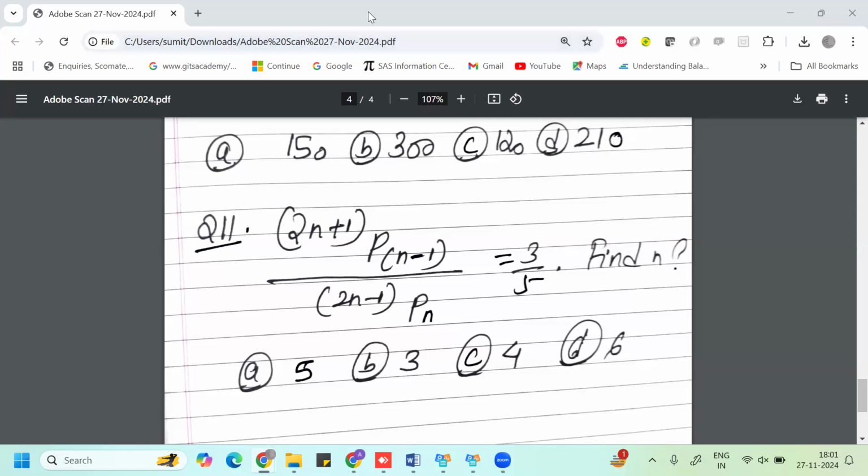Those who did not get the answer, try from your end. I'll discuss from this in the next class. So now I'll end this class, guys. Beyond question number 11, we'll discuss in the next class. The answer is option C, 4. You can use options or otherwise try to do it from your end.